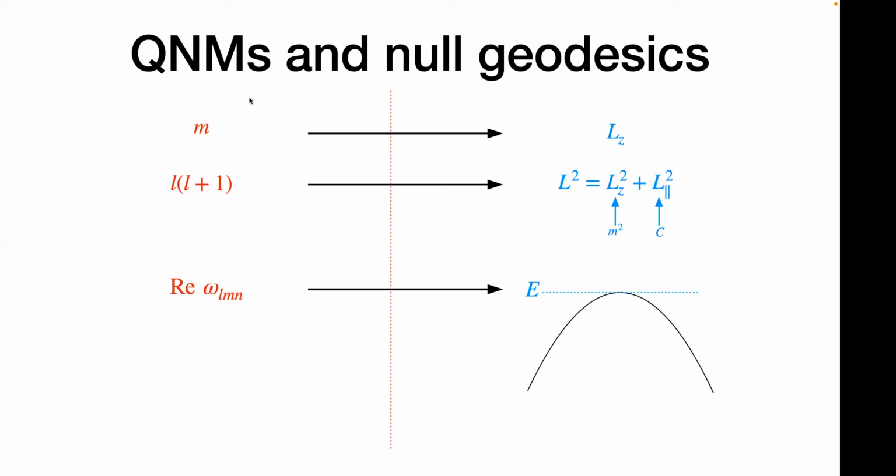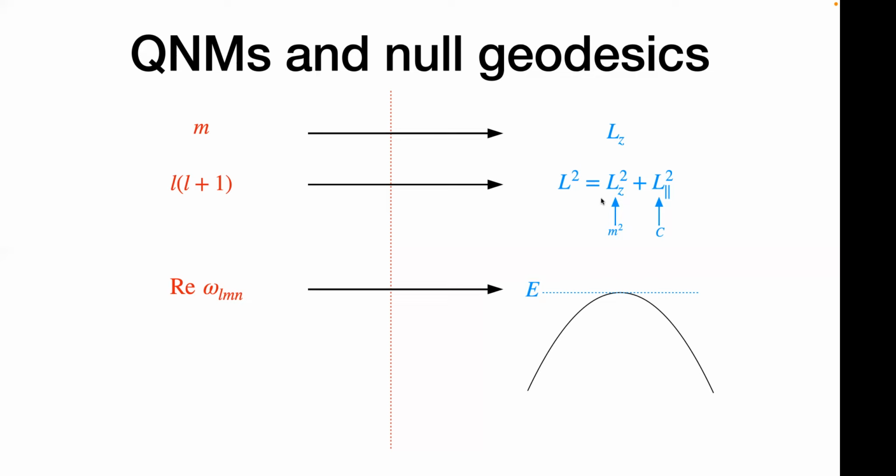From quantum mechanics, we know m always corresponds to L_z. And the total angular momentum squared is roughly equal to l times (l plus 1). For a null geodesic, we can decompose this L squared into a z component and the parallel component. And recall that the Carter constant is the energy in the theta direction.